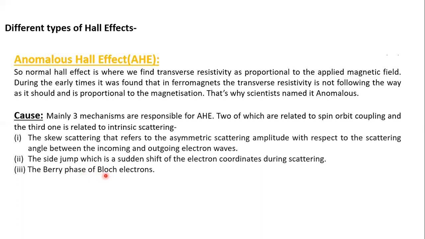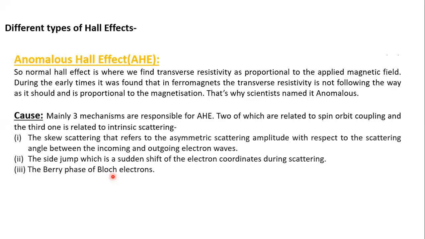Now it will be seen later that the electrons in a ferromagnet encounter a special kind of Hamiltonian in which more than one parameter changes with time, and this induces the geometrical phase called the Berry phase.